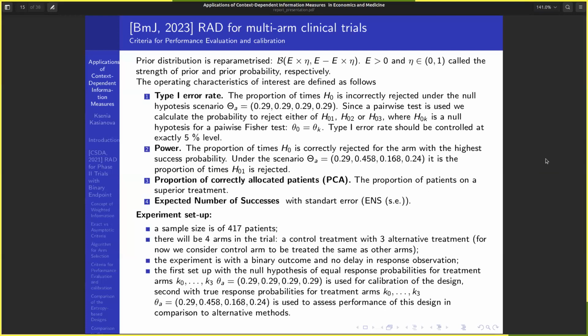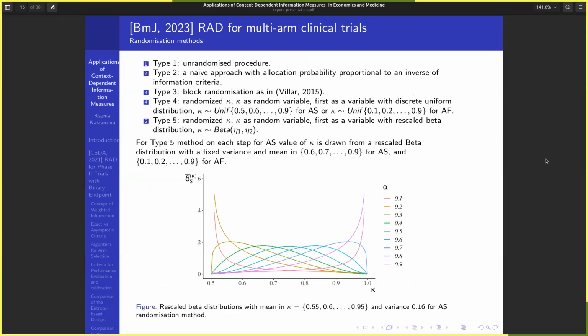And here, again, we use different randomization methods. We compare our randomized procedure with a procedure based on a naive randomization approach with allocation probability proportional to an inverse of the informational criteria.